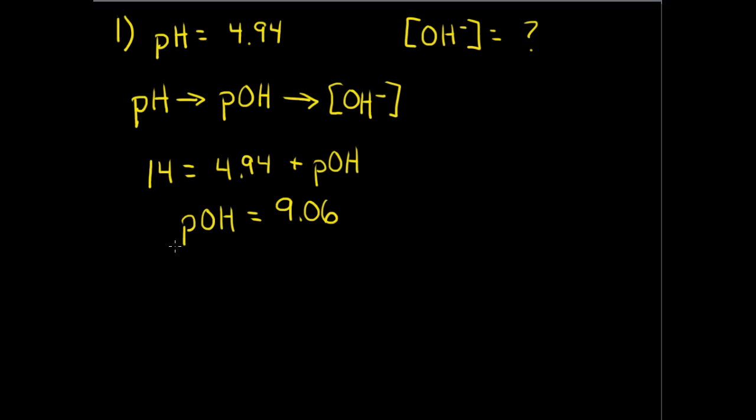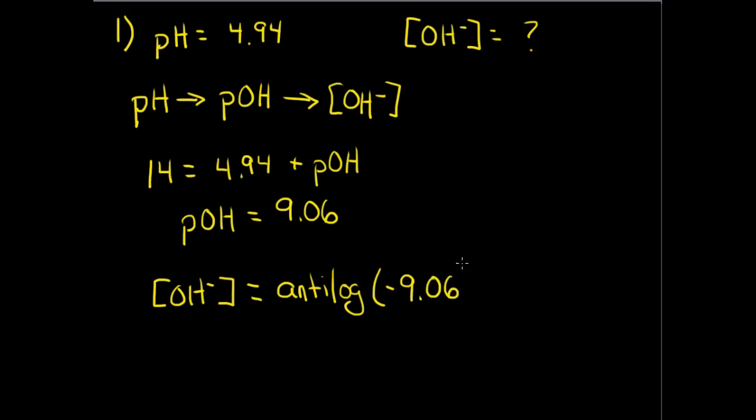To do that, we look at our formula that works for us. Our OH concentration is equal to the antilog of our what? Our negative pOH. So the antilog of a negative 9.06, and that would equal about 8.7 times 10 to the minus 10th molar.